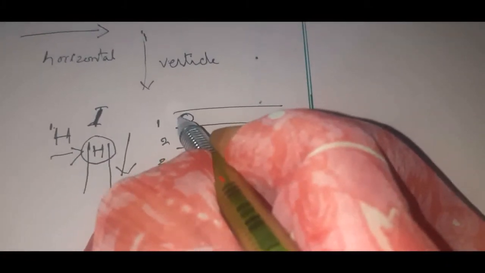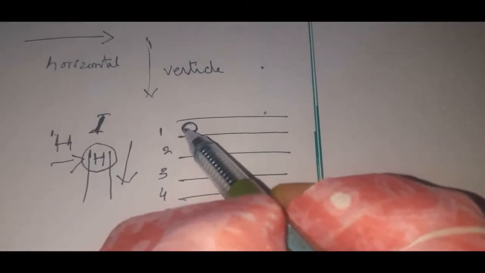All the elements present in our first period will have only one shell. One shell means that the electrons of that particular element will be only in one shell. And how many electrons can be occupied in one shell?